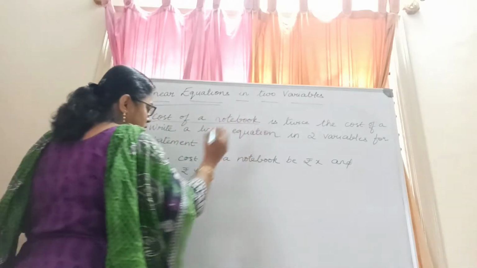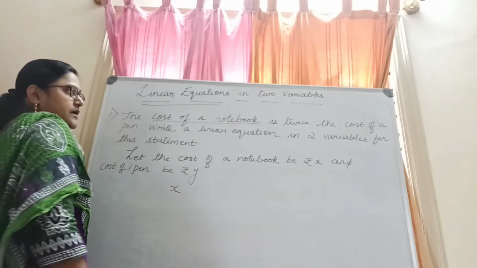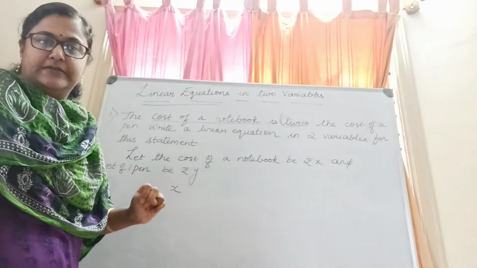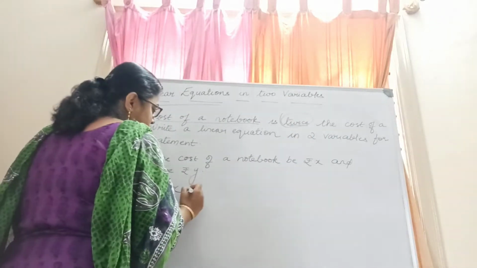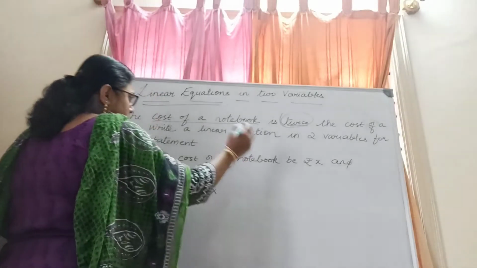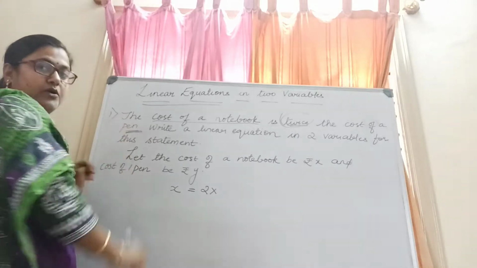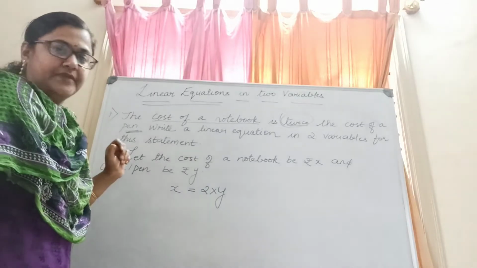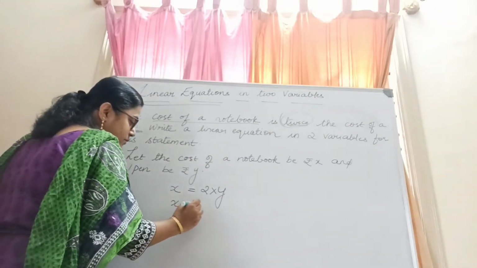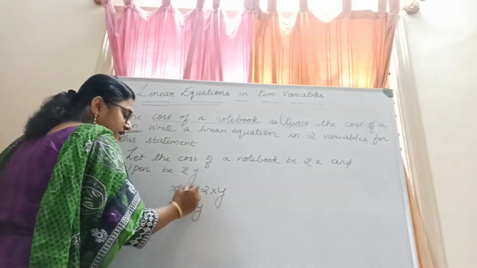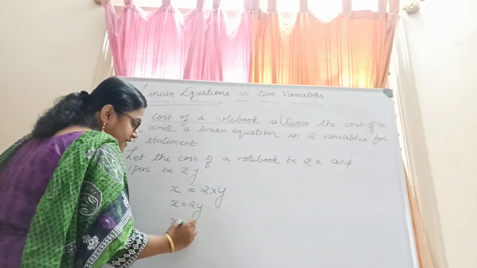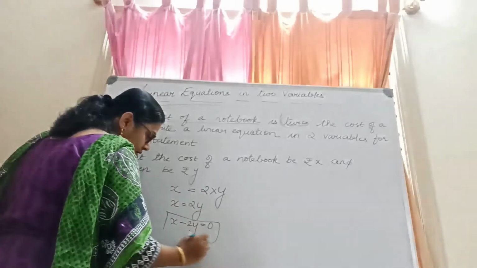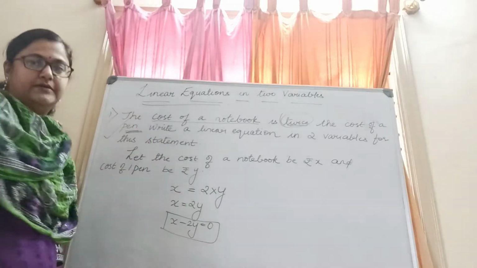Cost of a notebook, that is X, is twice. What is the meaning of this word twice? Two times. The meaning of the word twice is two times. Is two times the cost of the pen. What is the cost of the pen? Y. Right? So I can write this as X is equal to 2Y, or just bring this 2Y to the left hand side. It becomes X minus 2Y is equal to 0. Now this is the linear equation for this given statement.